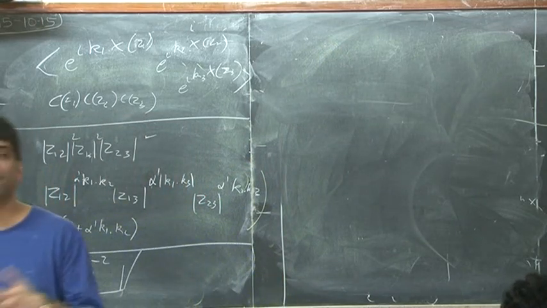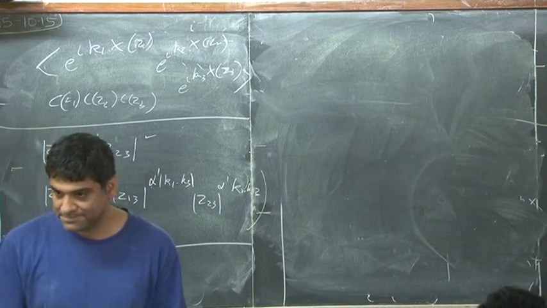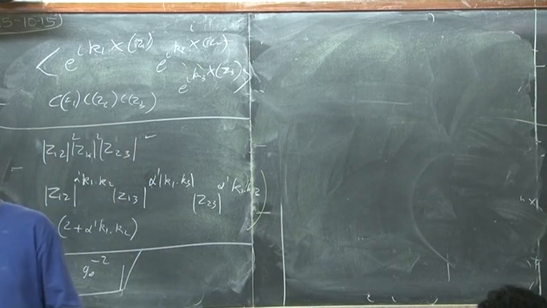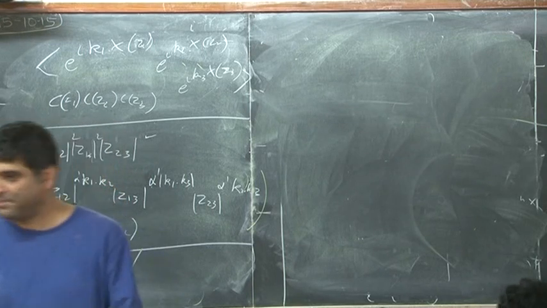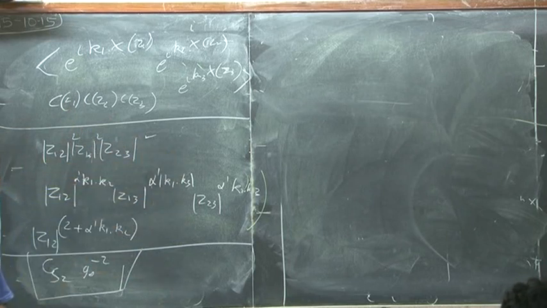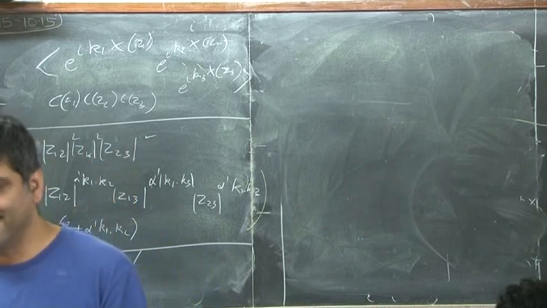So the answer can only depend on the 3 momenta. It has to depend on Lorentz invariants. The only Lorentz invariant structures you can form are K1.K2, K1.K3, but all of them are completely determined, as we see, by kinematics. So there's nothing it could have depended on. The scattering of 3 scalars is necessarily just a number.